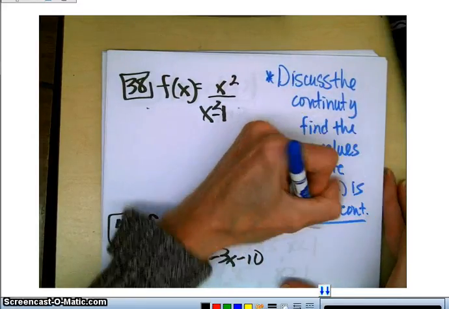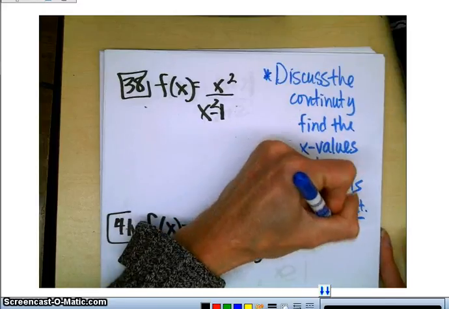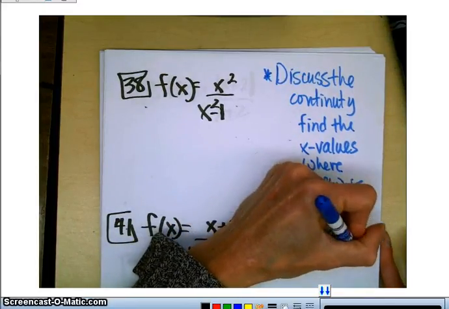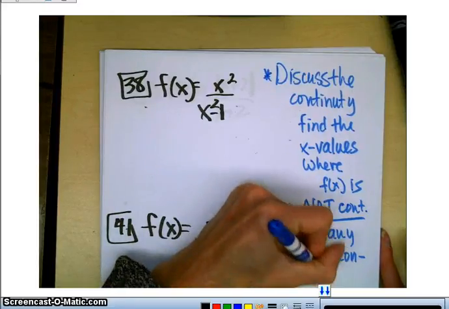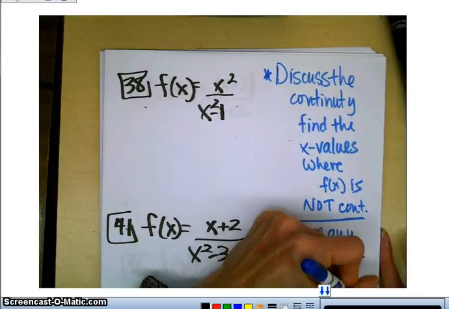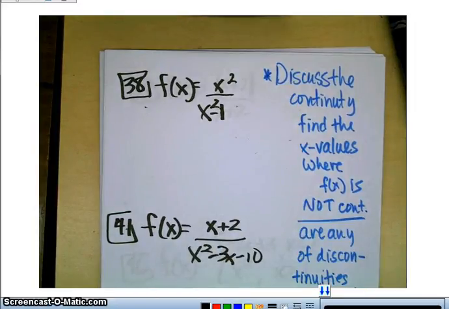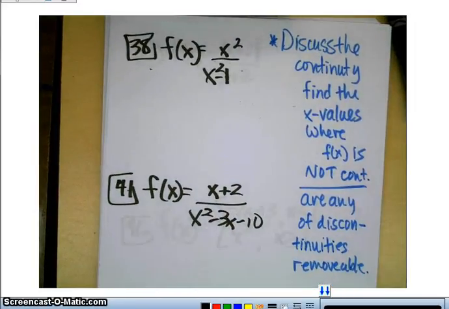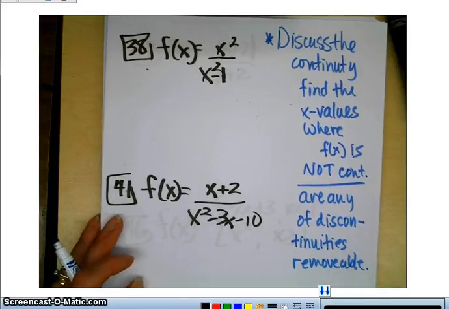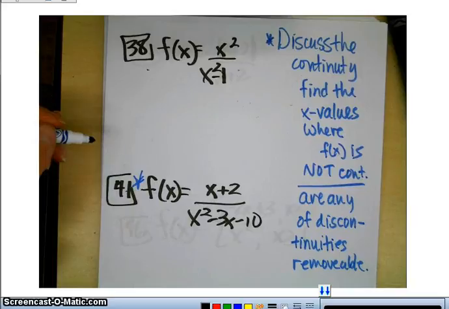And then we are asked, are any of those discontinuities removable? Okay, so we need to throw in there removable and non-removable discontinuities. All right, so we'll actually be seeing the beginning of that here.